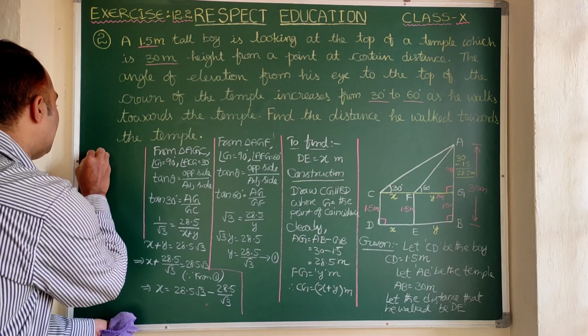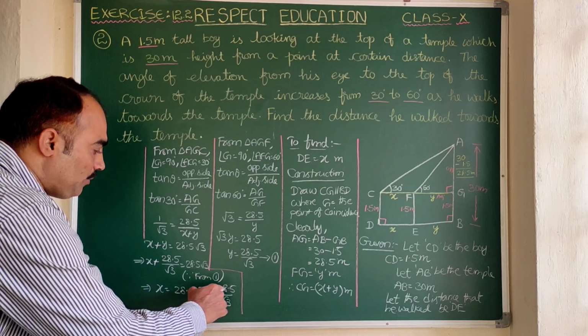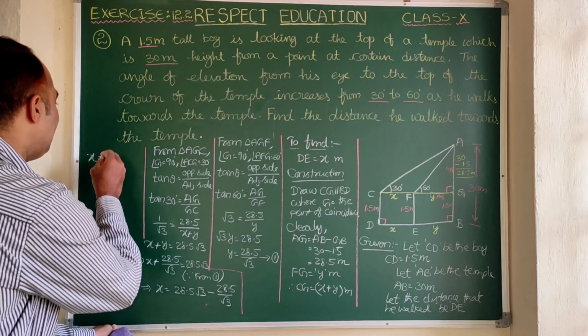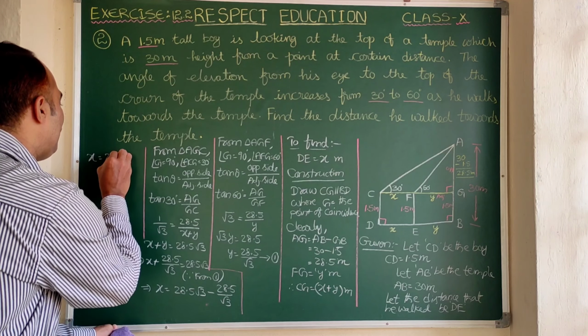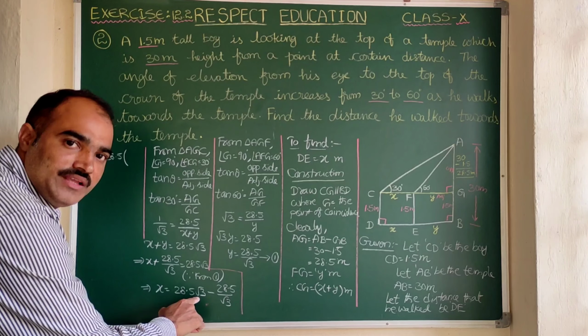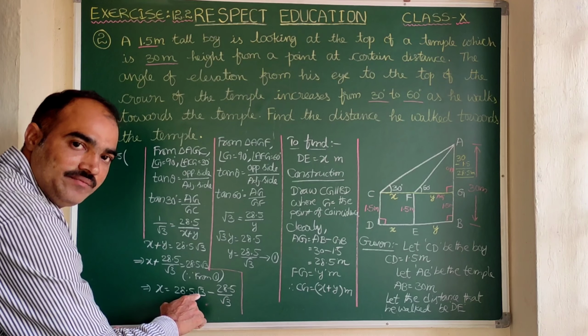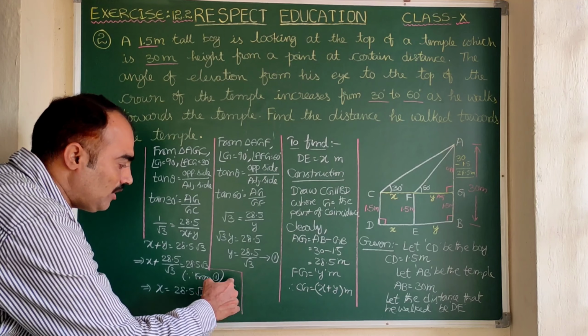X is equal to, that is what is required, let us take 28.5 as common. Here root 3 is there. When we take root 3 as LCM, root 3 into root 3 is 3. 3 minus 1 by root 3, 28.5 is taken as common.